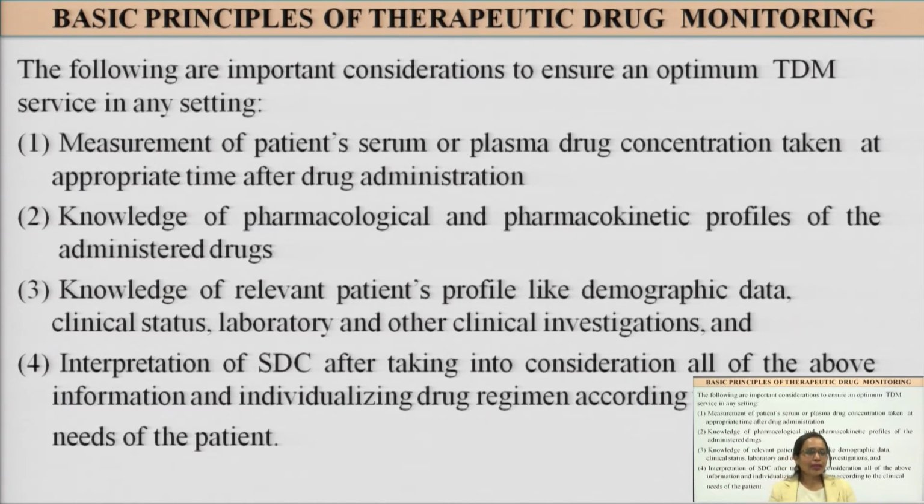The third one is knowledge of the relevant patient's profile, like demographic data, clinical status, laboratory and other clinical investigations. And the last one is interpretation of the serum drug concentration after taking into consideration all of the above information, and individualizing the drug regimen according to the need of the patient.